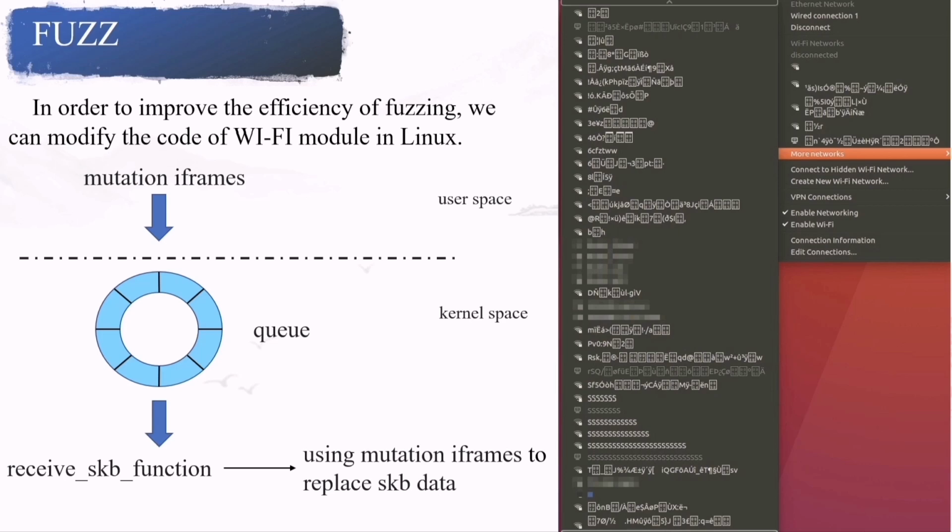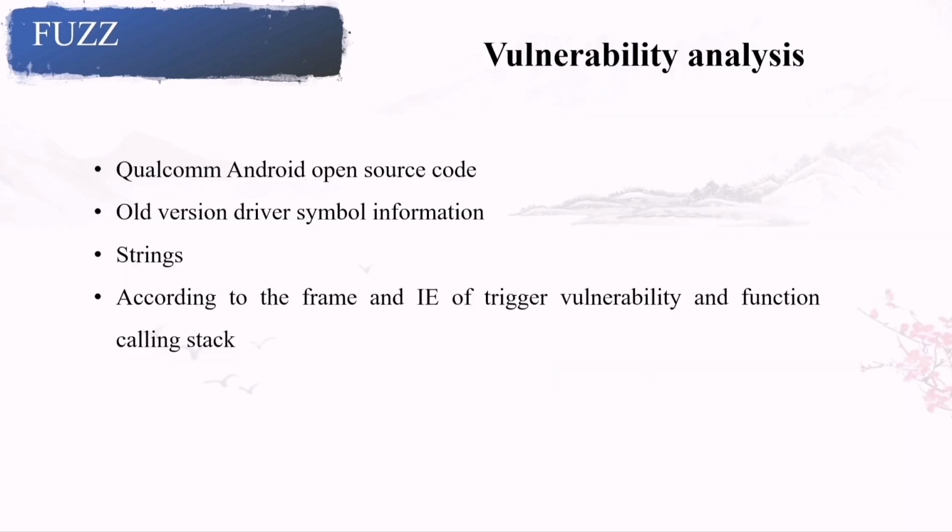Whenever the kernel layer receives an external frame, it will take a malformed frame from the queue to replace the external frame. So the Wi-Fi module in the kernel will parse the mutated frames like the picture on the right. The advantage of this way is that it can improve the efficiency of fuzzing and ignore the influence of the wireless network adapter.